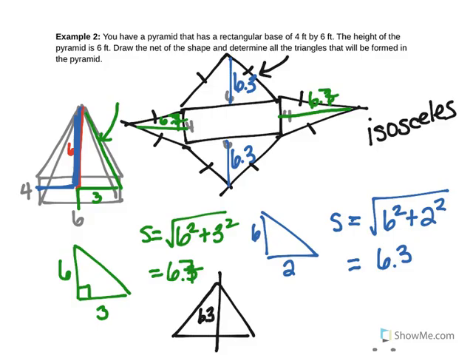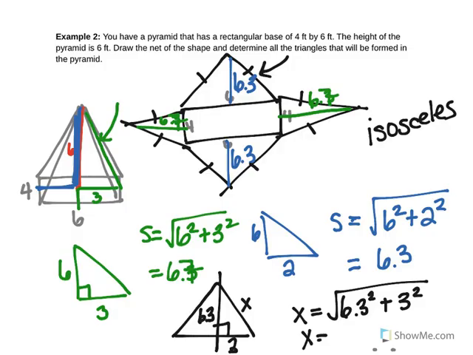We know the base is 6, so this side is going to be 3. So we're going to use the Pythagorean theorem now to find that outside, which is going to be all of our connecting triangles. So x is equal to the square root of 6.3 squared plus 3 squared. Type that into your calculator and you should get x to be equal to 7.0.